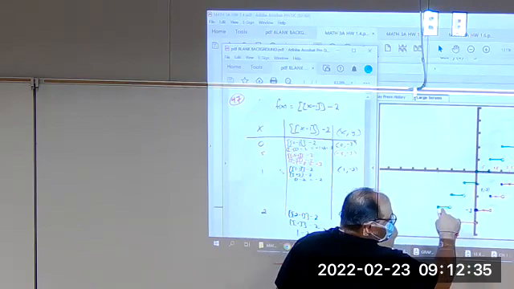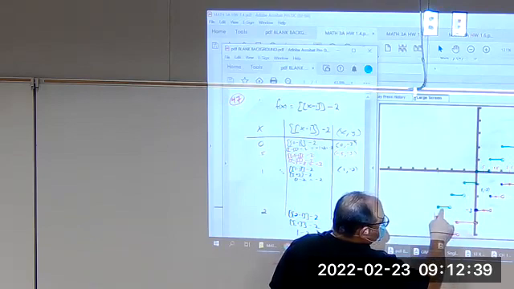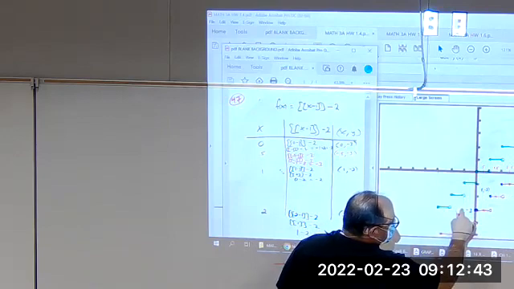So this one has been shifted over 1 and dropped down 1.